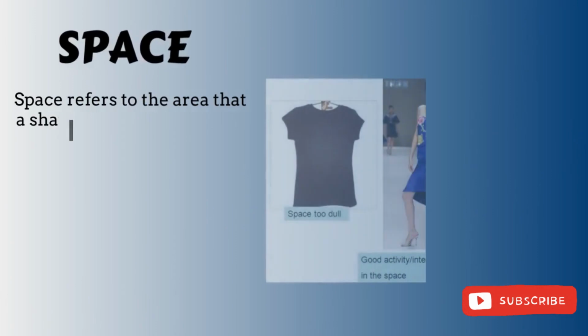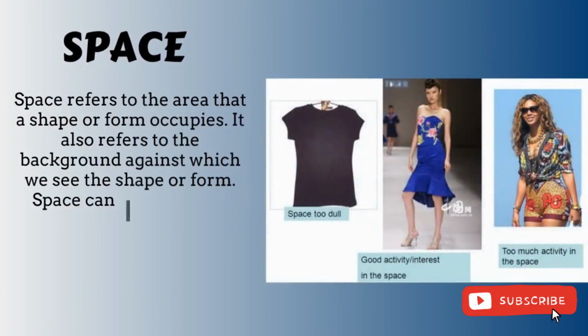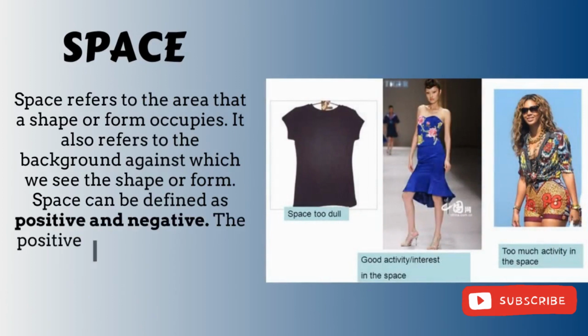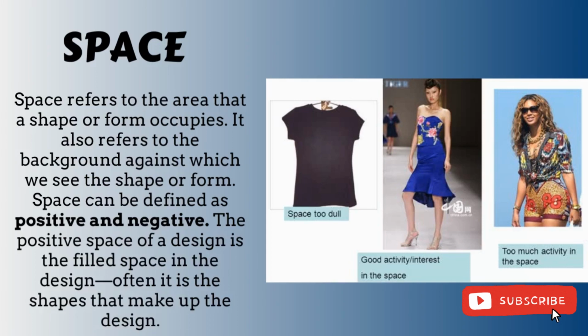Now, what is space and how does it work? Space refers to the area that a shape or form occupies. It also refers to the background against which we see the shape. In clothing design, designers use the negative and positive space associated with shapes to create a surface design or pattern.